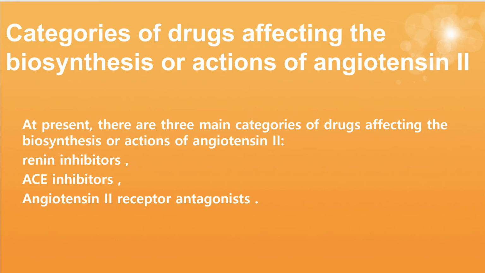So if a drug can impact it, then it would have some amount of success. So at present, there are 3 main categories of drugs affecting the biosynthesis or actions of angiotensin 2. They are the renin inhibitors, the ACE inhibitors, and the angiotensin 2 receptor antagonists.